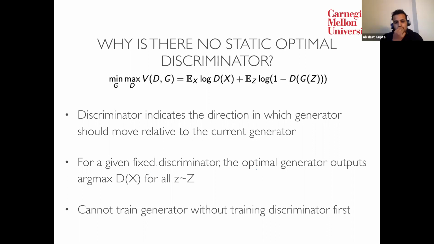By training only the generator, we generate a certain number of samples from the generator, and then we send them to the discriminator. We make the discriminator classify those samples incorrectly.